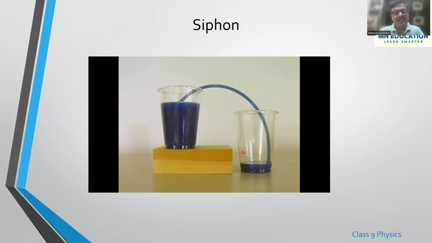Siphon is another example to show the existence of atmospheric pressure. There is one container containing a liquid placed at a greater height and another empty container placed at a lesser height. Now imagine a rubber tube is dipped in the container which is placed at the height, and just suck out the air from the tube so that the liquid would rise in the tube.